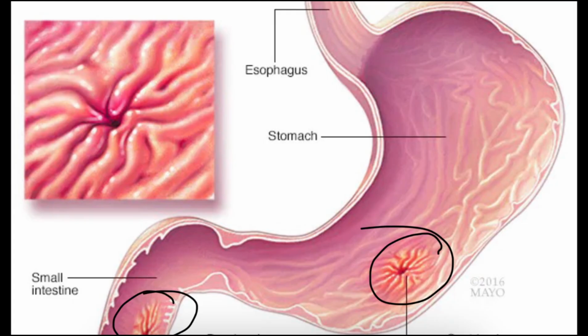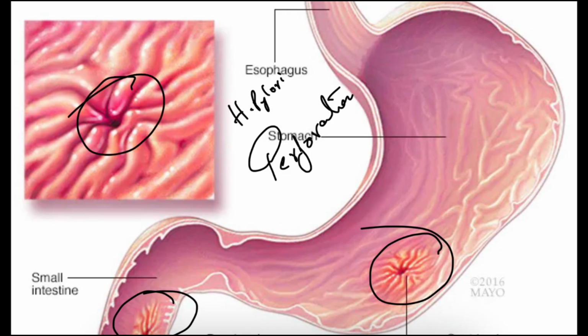Whenever they are eating, they will get pain. Next, the most common cause of peptic ulcer disease is H. pylori. And the most dangerous complication of peptic ulcer disease is perforation, because the mucosa will break, damage will go deep, and the perforation will go out.